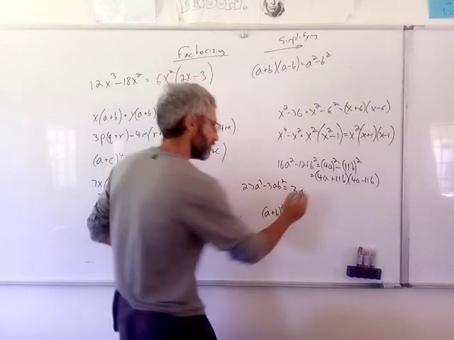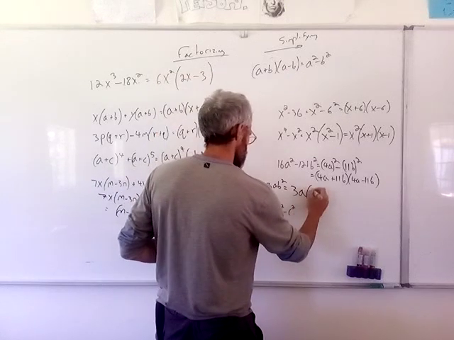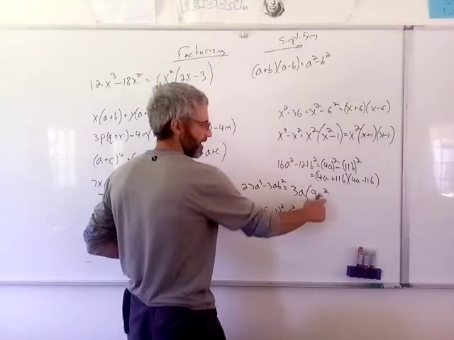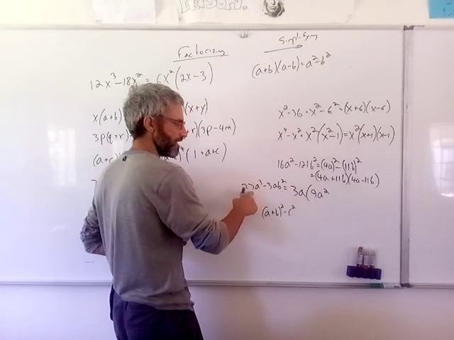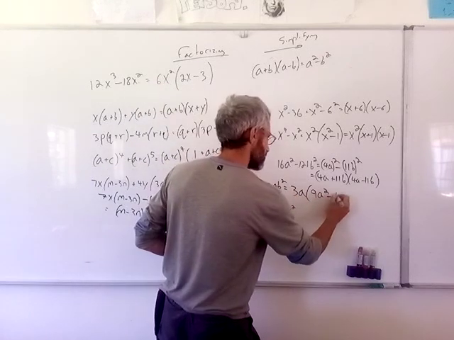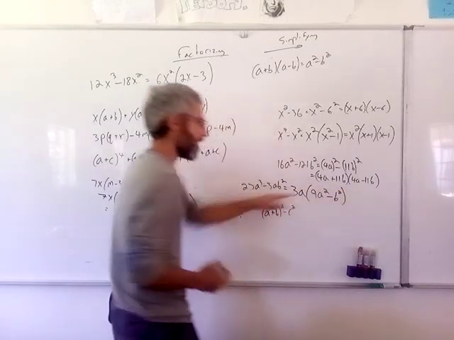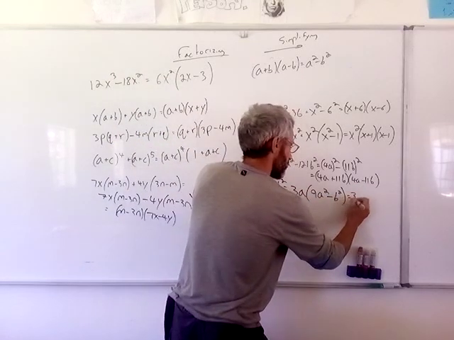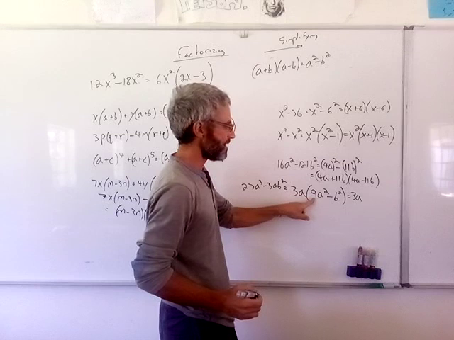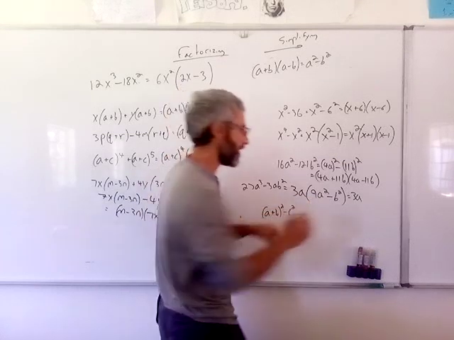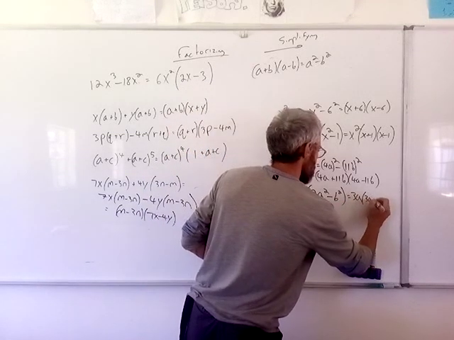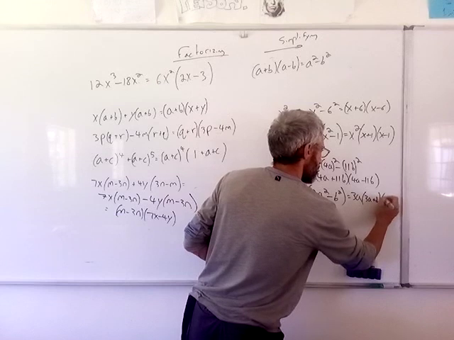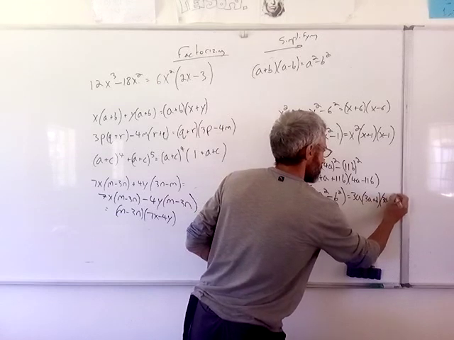But if I take out the common factor, the 3a, I'm going to get 9a squared, right? 9a squared times 3a is 27a cubed. Minus b squared, and now you can see the difference of squares. Okay, first of all, I'll write down 3a because I mustn't lose it. 9a squared is the square of 3a, so I'm going to have 3a plus b times 3a minus b.